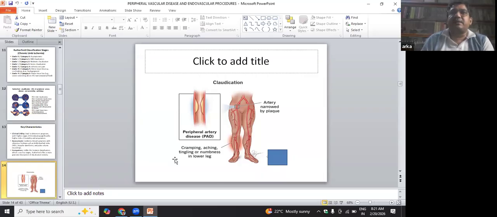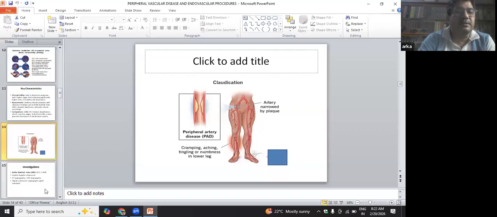As the patient walks, there is increased blood flow, and that washes away the accumulated substance P, and the irritation is lost, so pain is relieved. But as the progression goes on, there is a lesser amount of blood flow, so less chance of washing away substance P, so the pain remains.